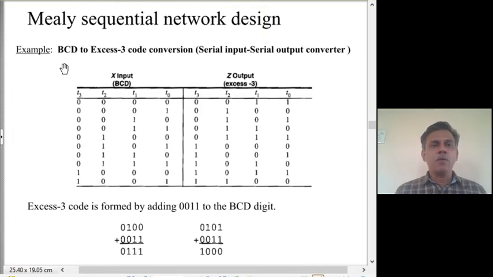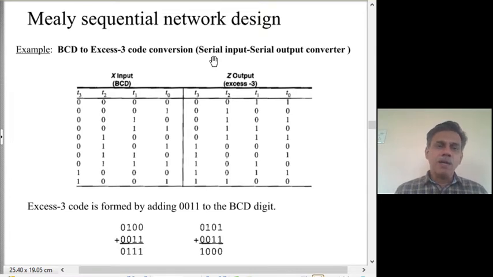But we have to do it using a circuit which takes the bits serially one by one and then produces the output serially one by one, which would be quite different from the way of a parallel bit conversion from the BCD to XS3.